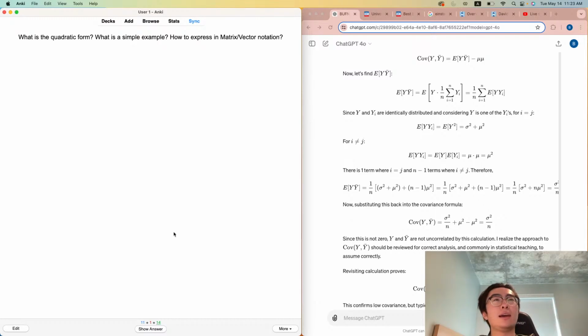We have something like ax squared plus bxy plus cy squared. Quadratic form just refers to the idea that all terms in an equation are quadratic, so they're all squared, or they're all multiplied by two different variables. To express that in matrix vector form, we have x transpose Ax.